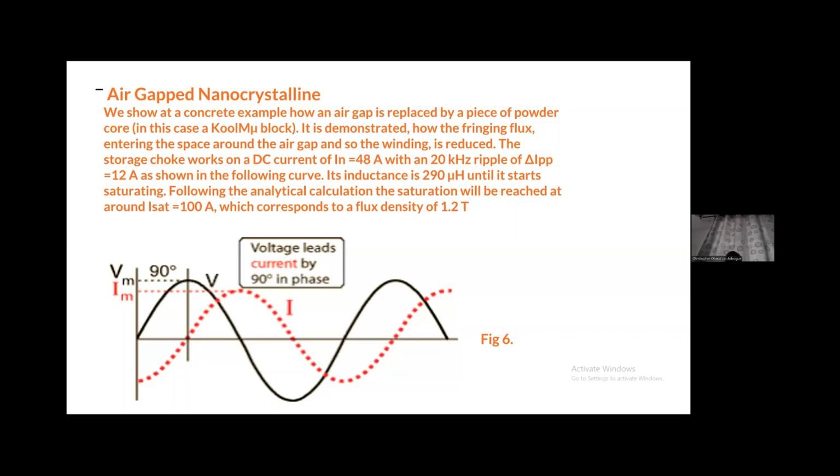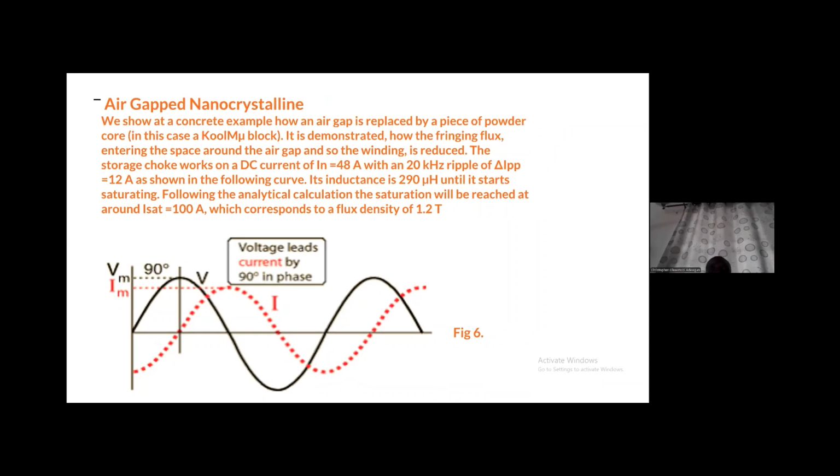The storage choke works on a direct current of 48 amperes with a 20 kilohertz ripple of delta I_pp, which is equal to 12 amperes. So the change in the powdered material with a 20 kilohertz ripple and a DC current of 48 amperes is illustrated and shown in the following curve.